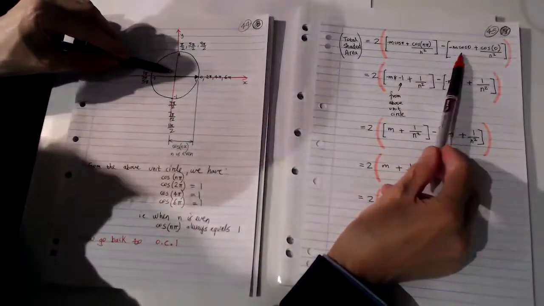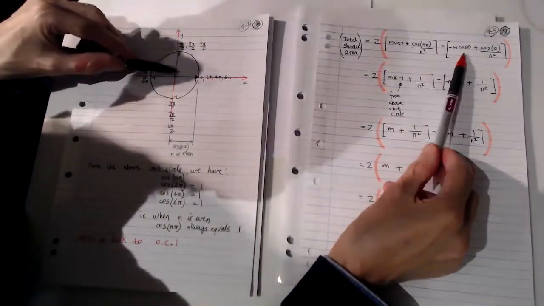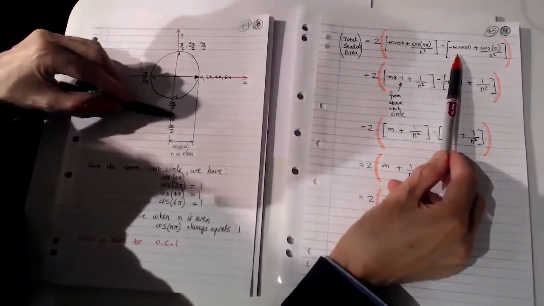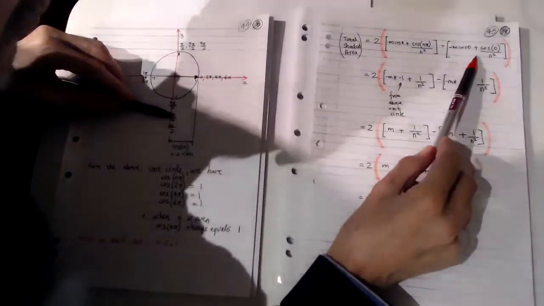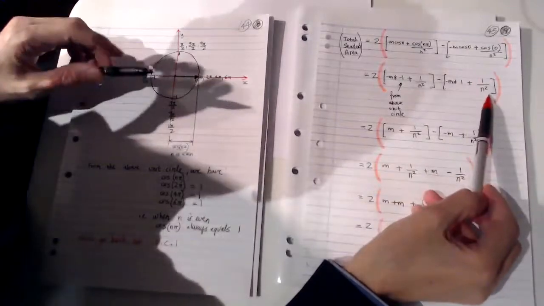When the angle is 0, you put a stick there, and cos is a horizontal distance, which is 1, and that ends up being 1 plus cos 0, which is 1 on n squared.